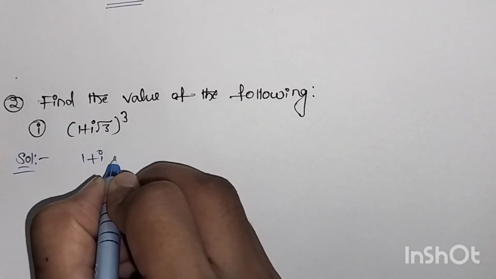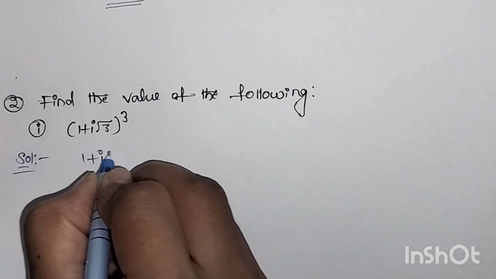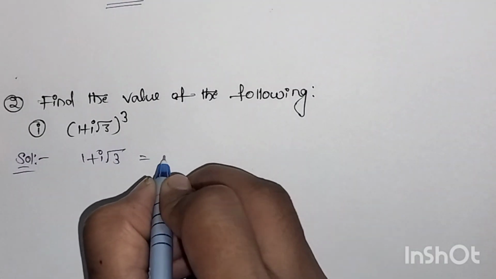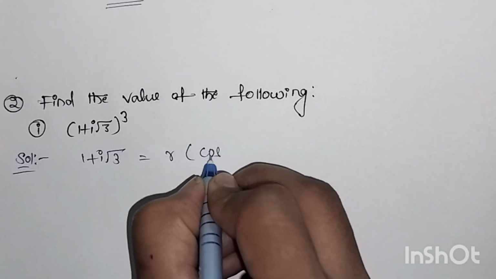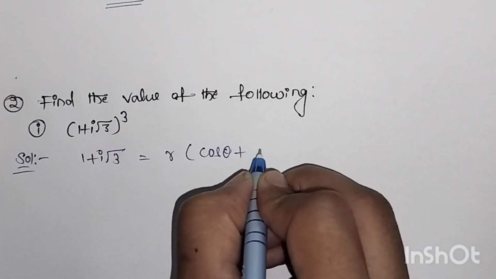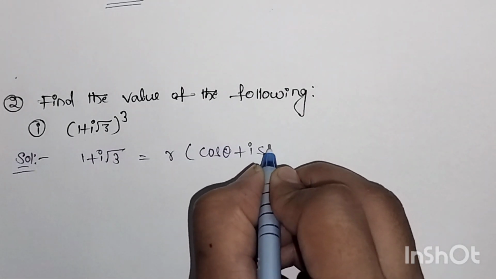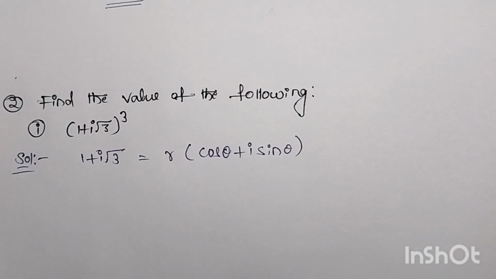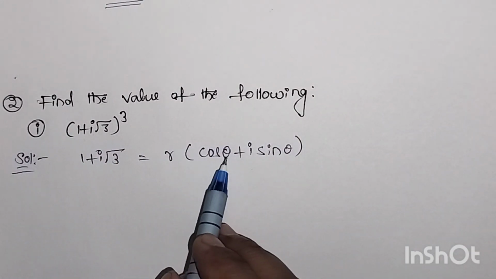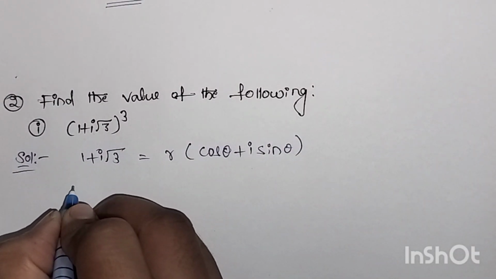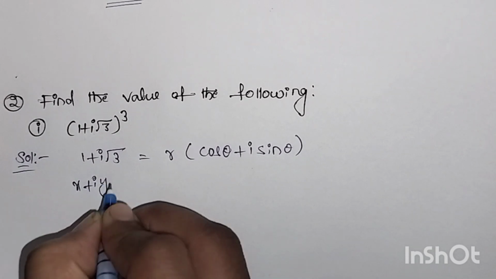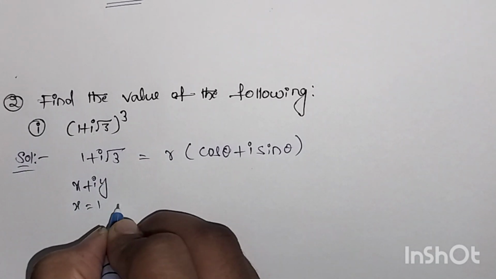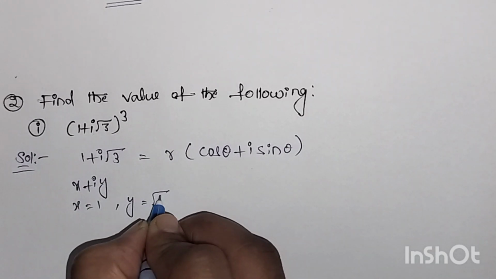1 plus i root 3 equals r into the modulus amplitude form, that is r of cos theta plus i sin theta. So now we can find the r and theta values. This is in the form x plus iy. Here x equals 1, y equals root 3.